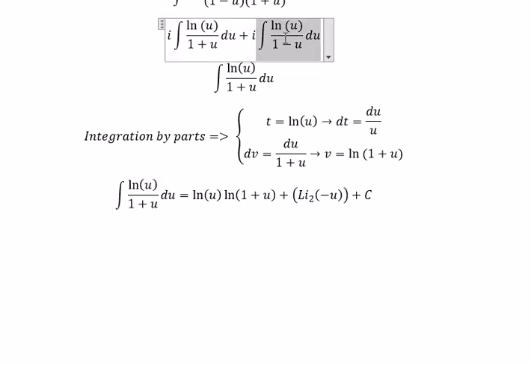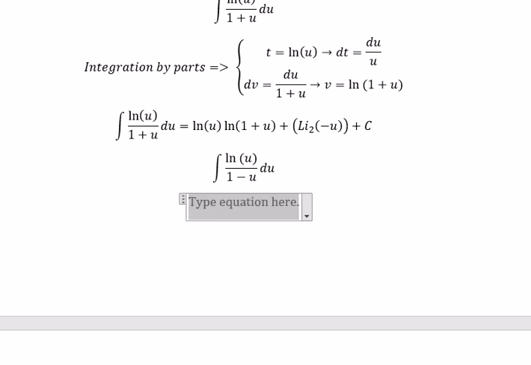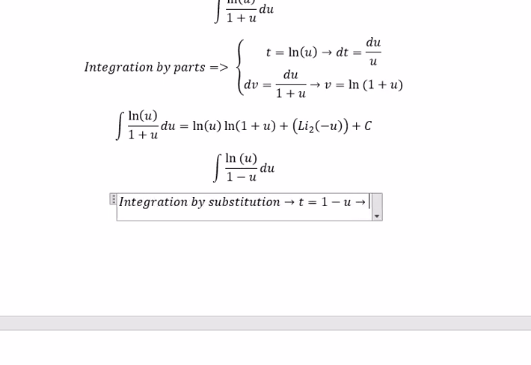Go to the second one. We need to use integration by substitution. So we put t equal to 1 minus u. So we got u equal to 1 minus t.